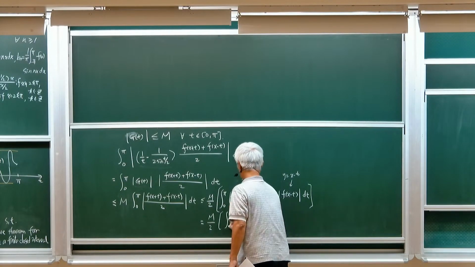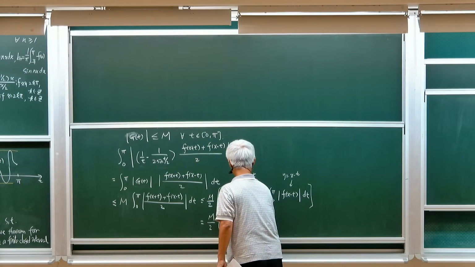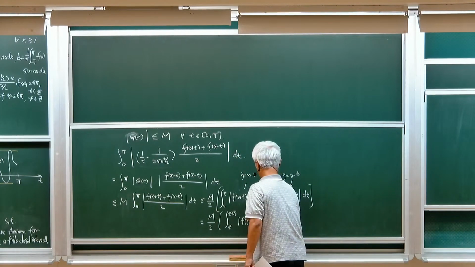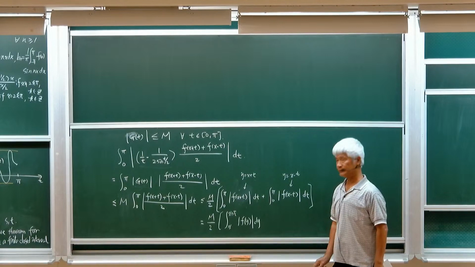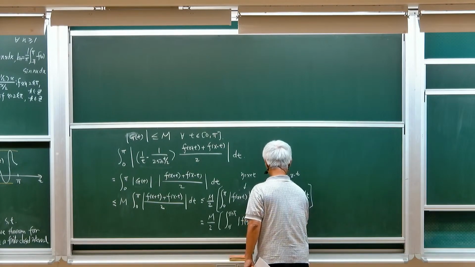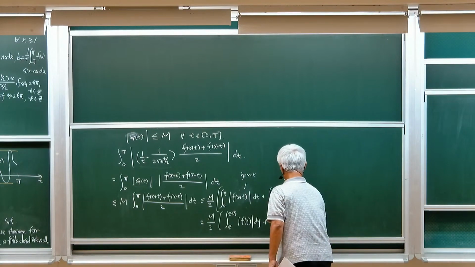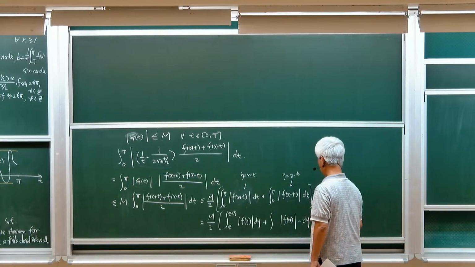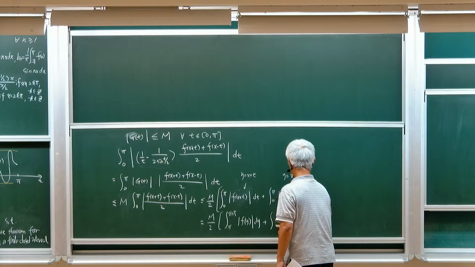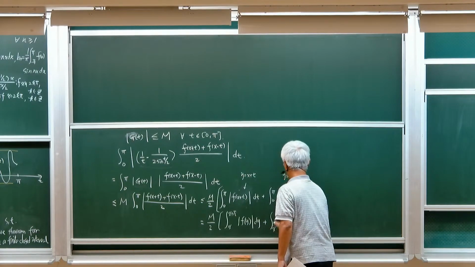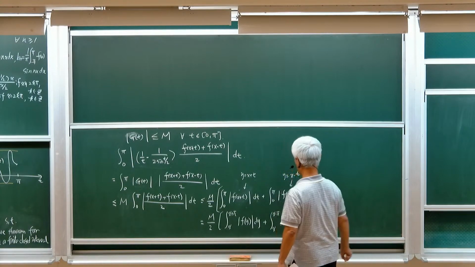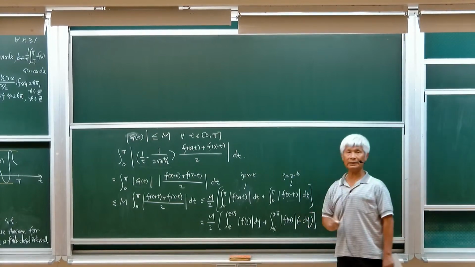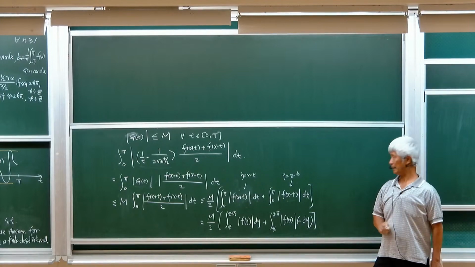So t from 0 to pi gives y from x to x plus pi, f of y dy. Plus, here this is f of y with minus dy, and the limits go from x to x minus pi.